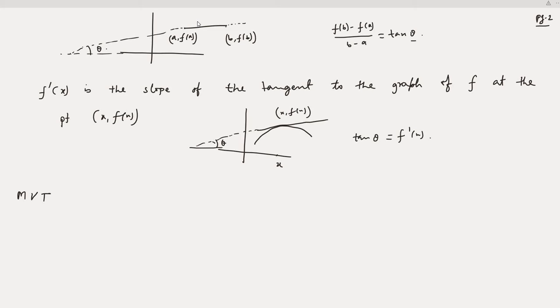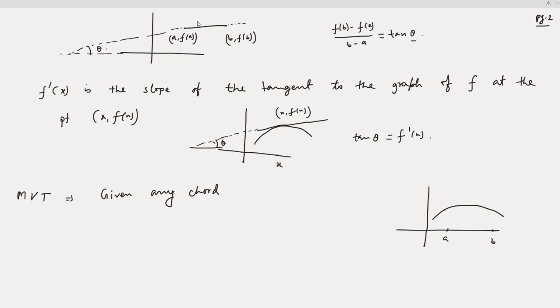Therefore the mean value theorem says that, given any chord, let us draw another picture. Suppose this is a and this is b.